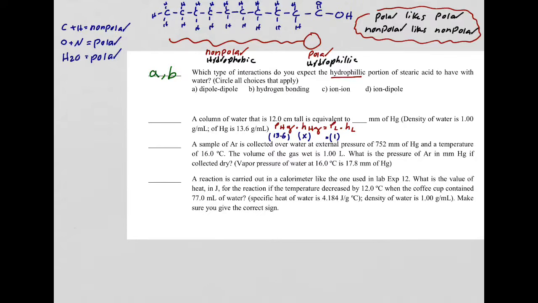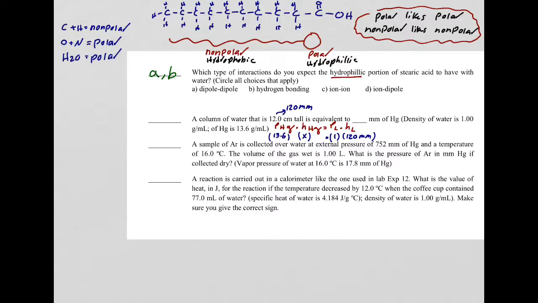Now, they give you the height of the water, but it's not the right unit. This is centimeter. Everything here has to be millimeters. Don't forget that. So 12 centimeters is 120 millimeters.